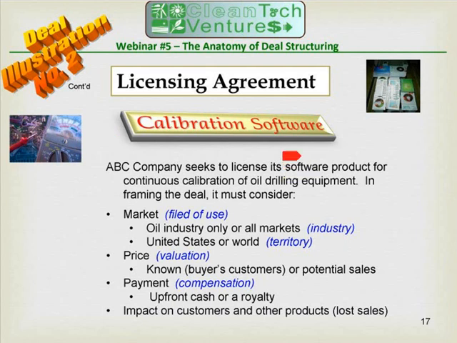If you can imagine putting a hole down 30,000 feet to try to find a pool of oil, and your calibration software is off, so you're maybe a half mile away from where you intended to be, it's good to have some software helping you point the drill where you want it to go.